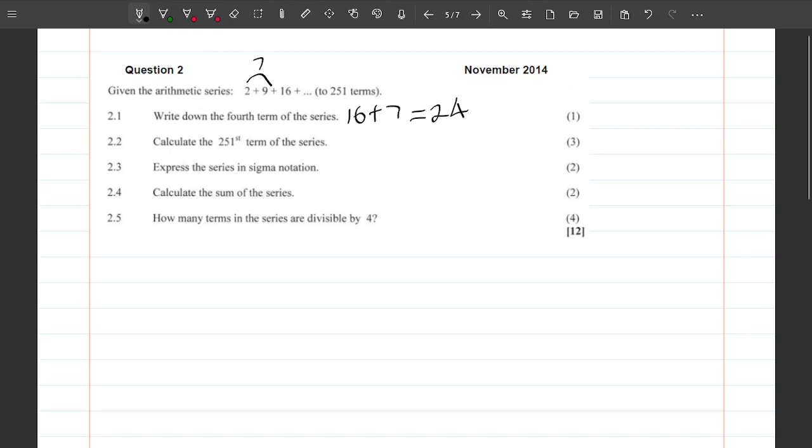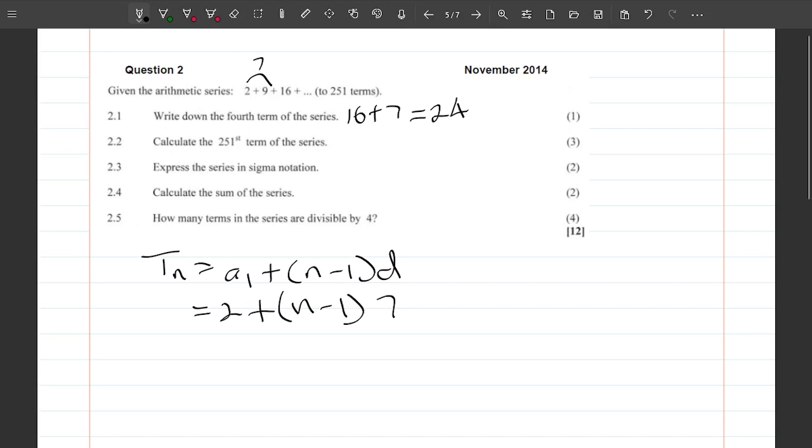Calculate the 251st term of the series, in other words, the last term. To do this, I actually need the nth term of this. To find the nth term, we know that we start off with Tn is equal to a1 plus n minus 1 d. Then I make my substitutions. My a1 is the first term of the pattern, which is 2, plus my n minus 1, and my common difference is 7.